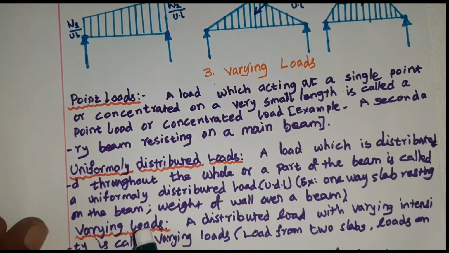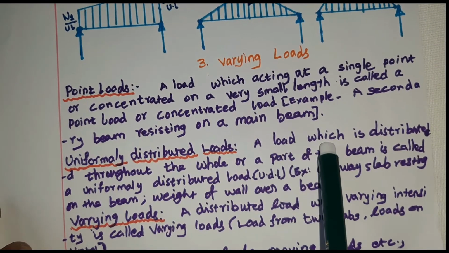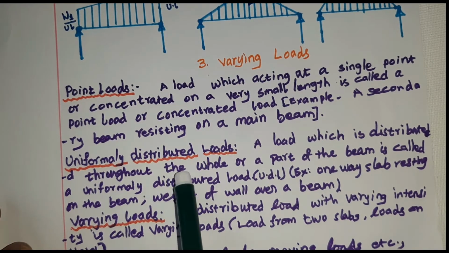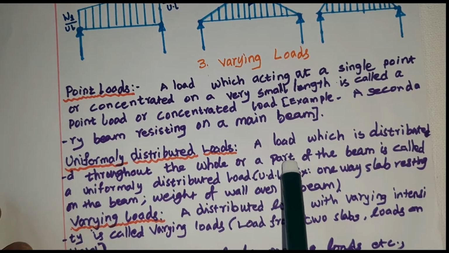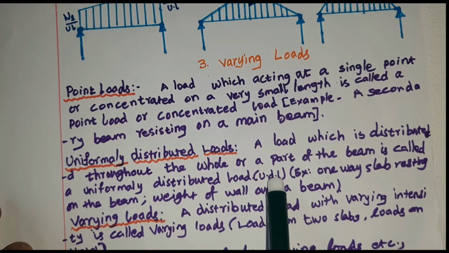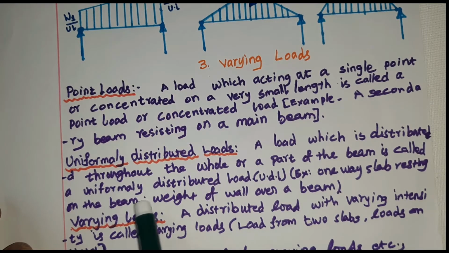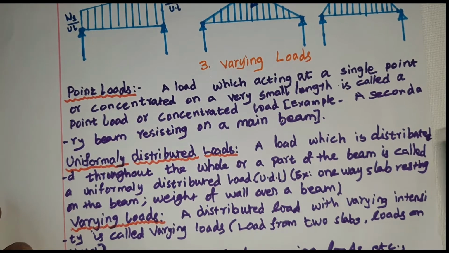Second is uniformly distributed loads. Loads which are distributed throughout the whole or a part of the beam are called a uniformly distributed load or UDL. Example, a one-way slab resting on a beam, or the weight of a wall over a beam.